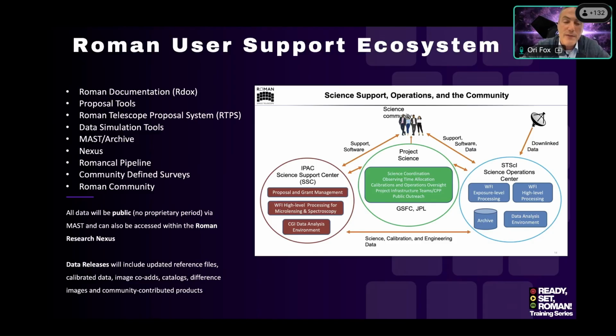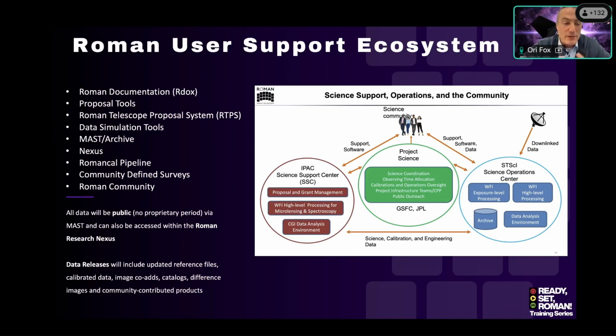We have a number of community-defined surveys that you will be able to access. And of course, we have the Roman community, which you'll be able to work with as you prepare, especially if you're coming from an institute where you don't necessarily have a lot of collaborators. The Roman community is building up collaborations and science teams now.